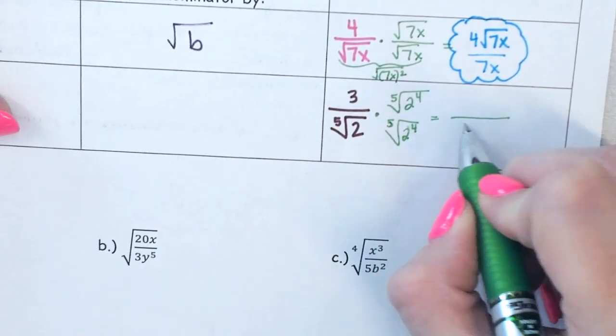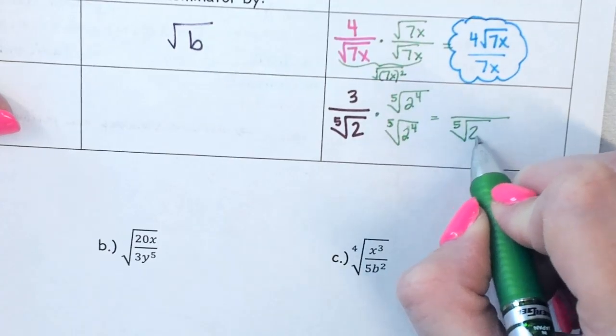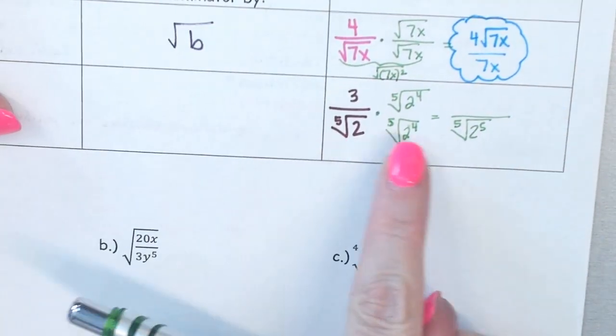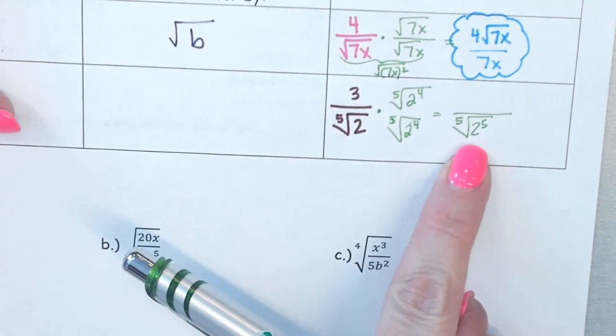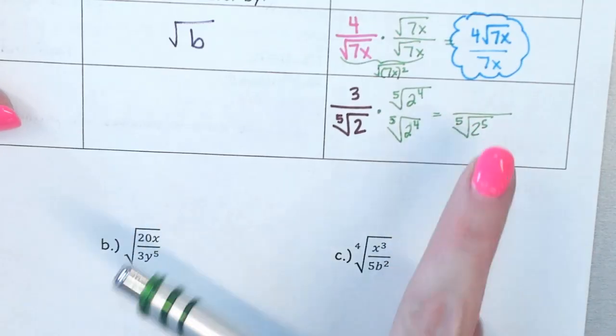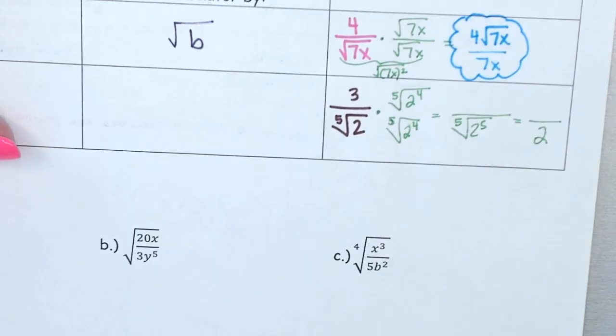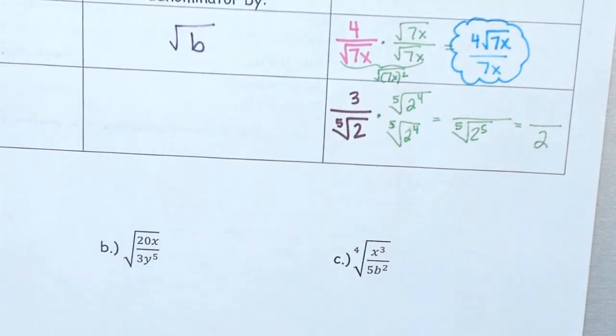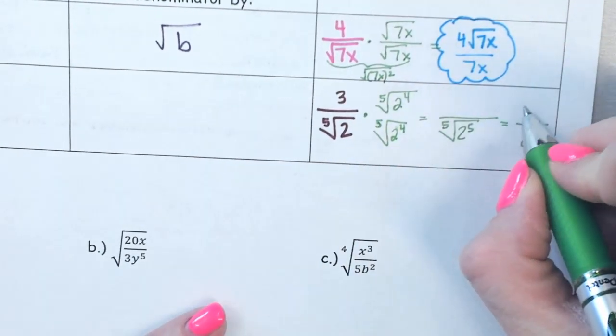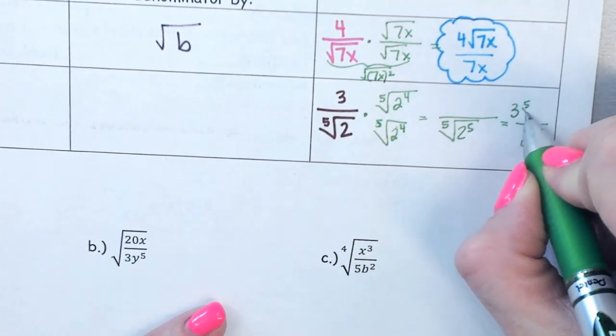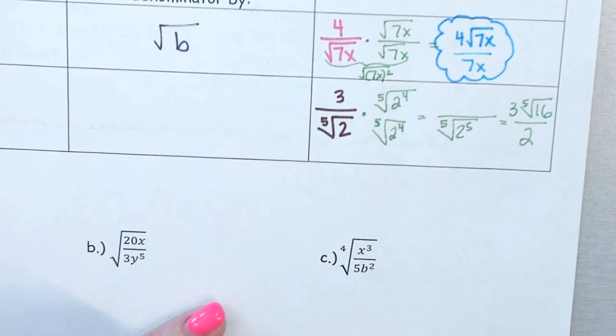Again, the reason why we do that is because we have the 5th root now of 2 to the 5th. 2 times 2 to the 4th is 2 to the 5th. The 5 and the 5 cancel, they're inverses. So you're left with 2 in the denominator. Okay, and then we just write the numerator as 3 times the 5th root of 16.